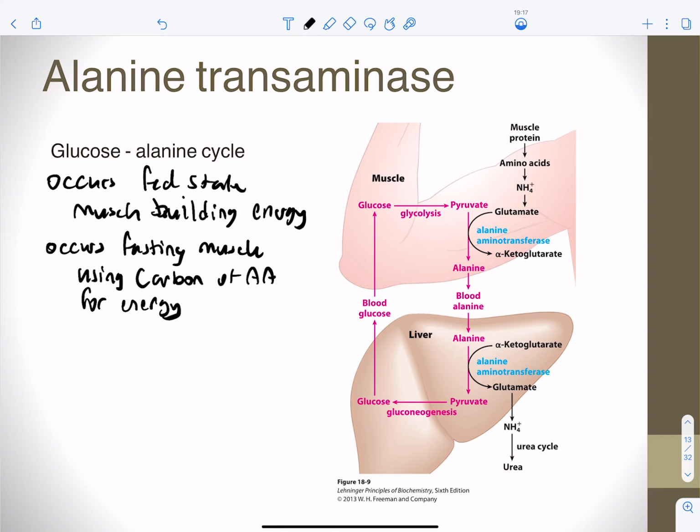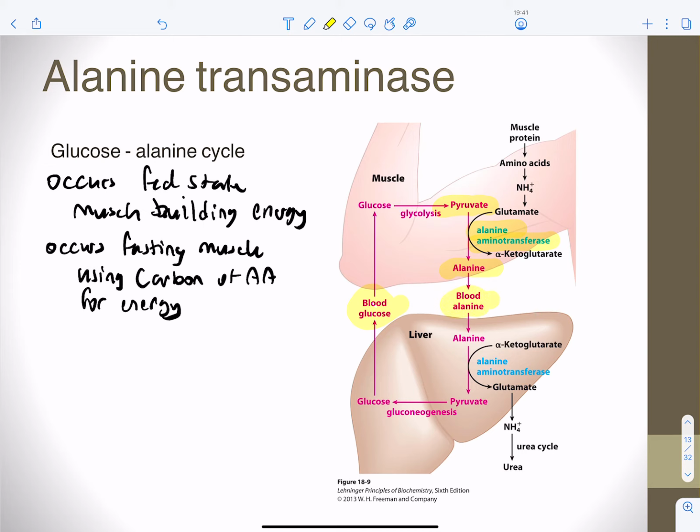Okay, and so in general, you have your muscle, and your muscle is going to, for example, in a fed state, pick up blood glucose, and the glucose is going to go to pyruvate, and then pyruvate is going to have a transamination reaction with glutamate and generate alanine.